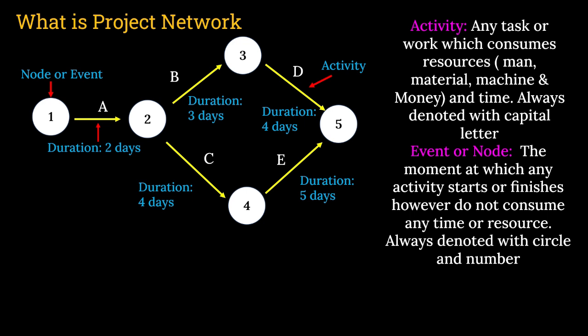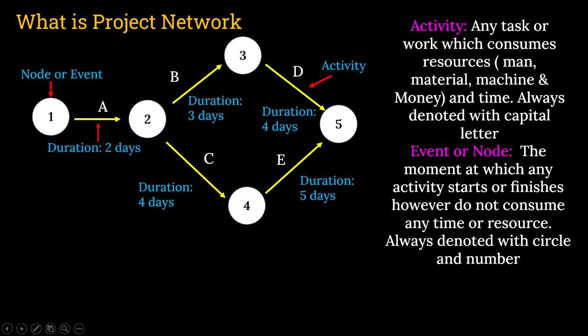So what did we learn from here? Any activity which consumes resources and time will be termed as activity in terms of project network. Resources can be man, material, machine and money. It will always be denoted with a capital letter, A, B, C, D like that.